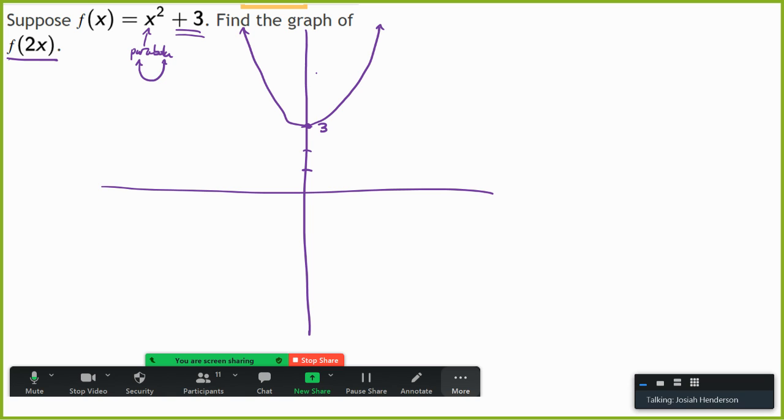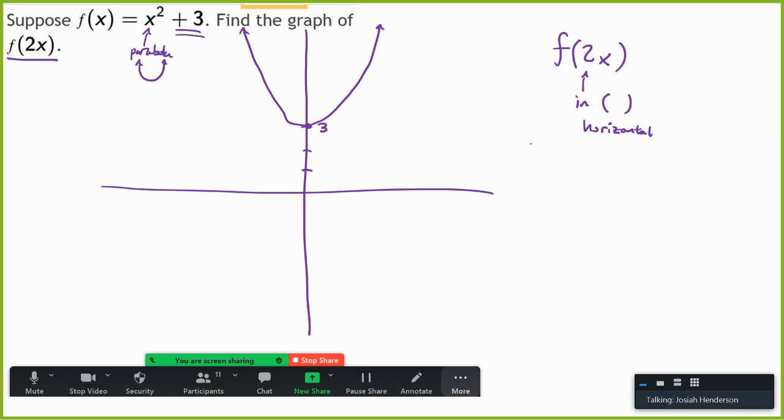But now we've got to do this transformation. The transformation is f of 2 times x. Now, again, I can't stress it enough. What's that times 2 doing? Where is that? That's in the parentheses. In the parentheses means it's horizontal, and we have to do the opposite of what it looks like. And for multiplying, that means the reciprocal.